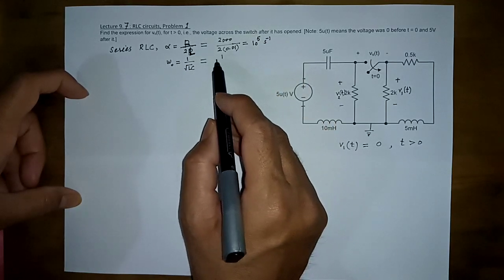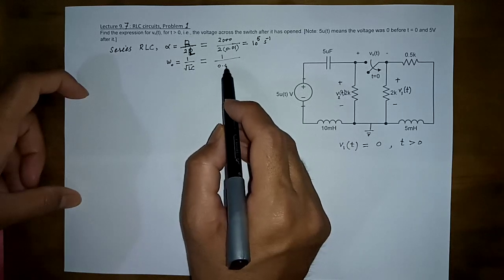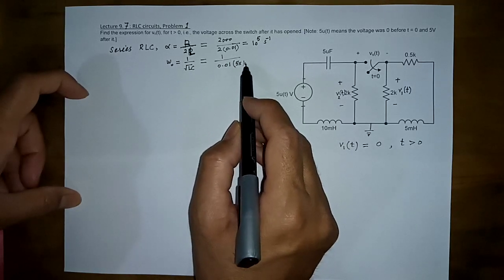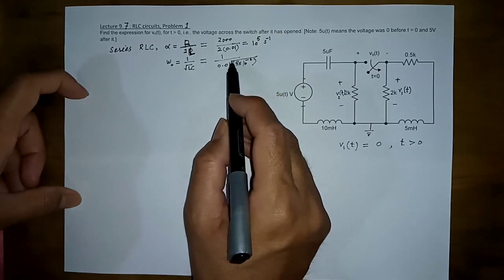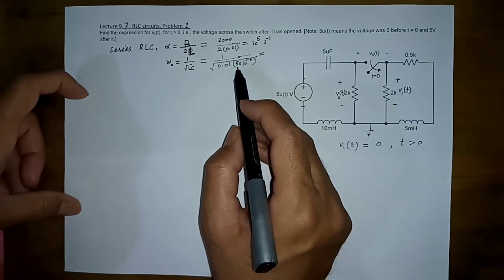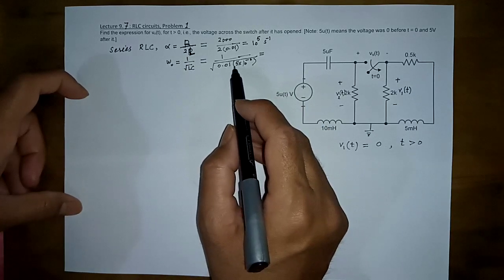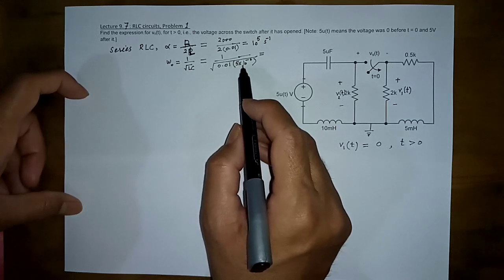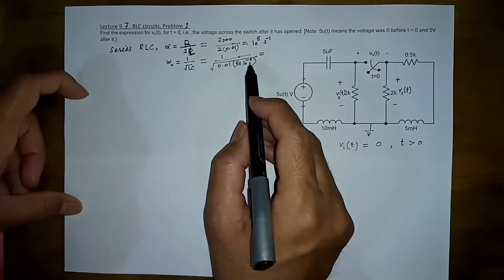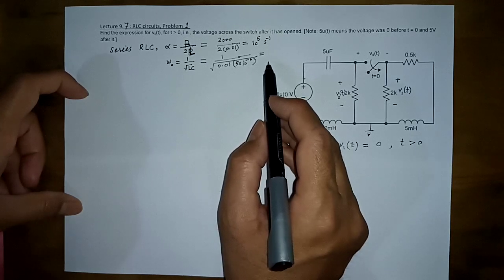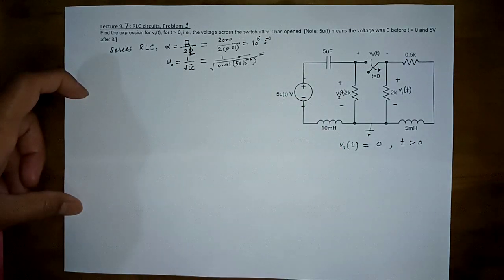What is omega naught? 1 over the square root of 0.01 into 5 into 10 raised to the power minus 6. So what do we get here? Obviously we can employ a calculator, and I don't usually carry one, but let me try to solve this for you.